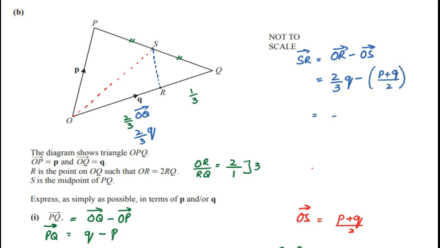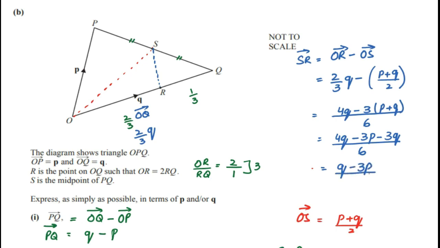Now if you take an LCM and simplify, LCM will be 6. So 2 times 2 is 4Q minus 3 times P plus Q. Now this is 4Q minus 3P minus 3Q upon 6. Now 4Q minus 3Q is Q minus 3P upon 6. So SR is equal to Q minus 3P upon 6.